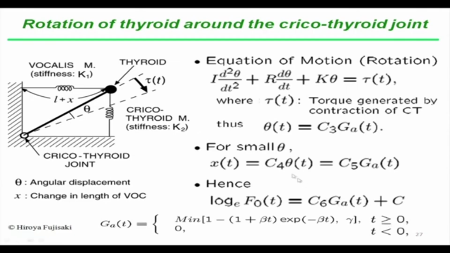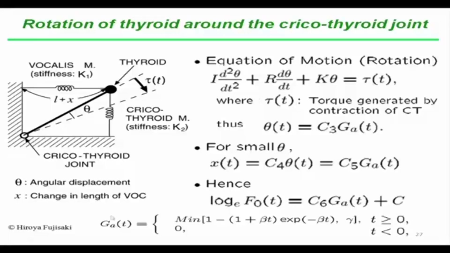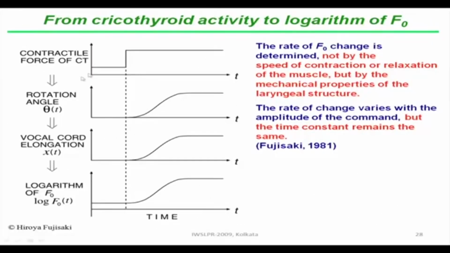So, if rotation gives me the action component, then I can say G_A(t) represents the action component, multiplied by a constant which contains the amplitude of that component. If I see that the rotation angle theta(t) is varying like this, elongation will be delayed, and then logarithmic F0 will also vary like this.